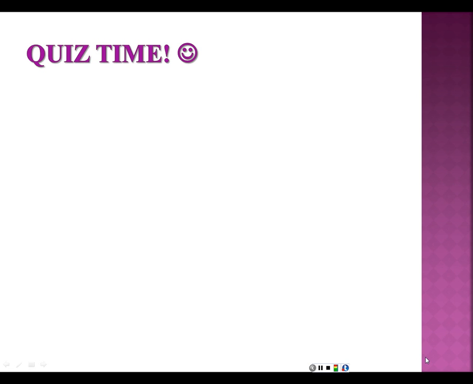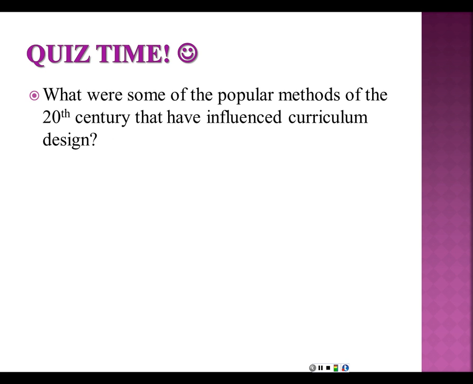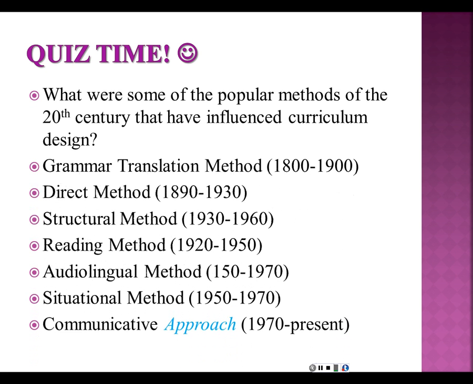Okay, so quiz time. This is from Danielle and Carolyn. What were some of the popular methods of the 20th century? This is from Richards, based on Richards chapter 1. So a very quick review that also translates into some of the issues that we are discussing in types of syllabuses.